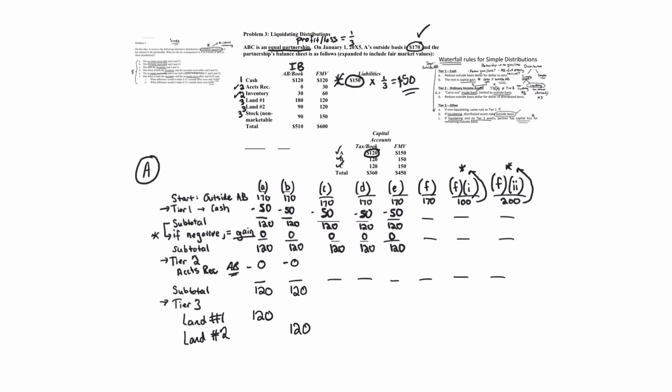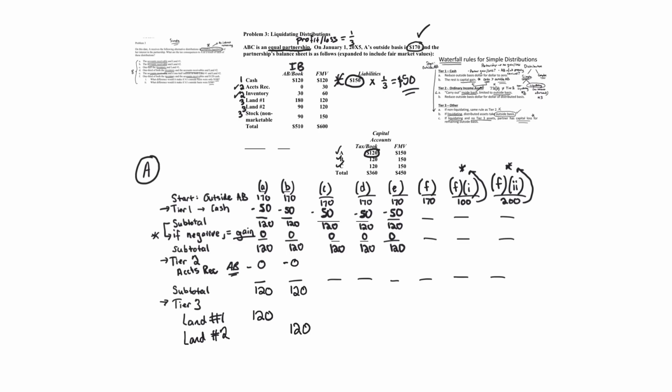It makes no difference because the partner is going to take a 120 basis in land 1 or land 2, because that's how the rules work out. But what about the remaining partners, B and C? Well, notice in land 1, the basis is 180, and if that's given up, guess what happens? It has a basis of 180, a 120 fair market value, a loss, and then the partner takes that 120.